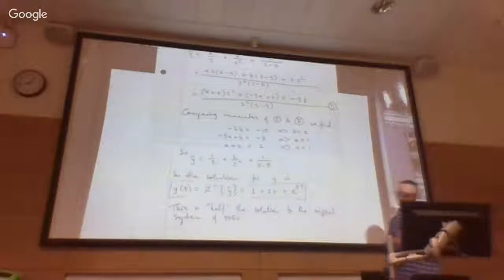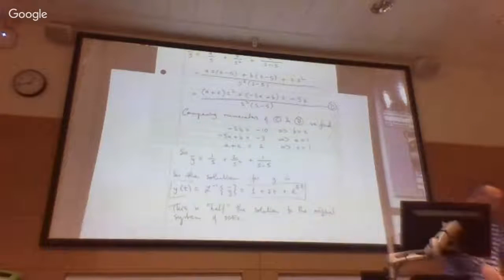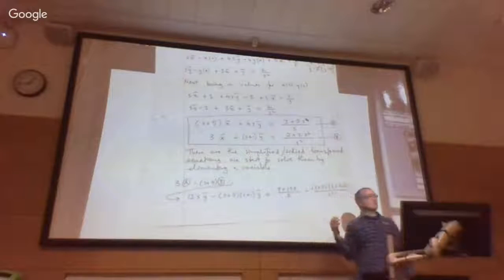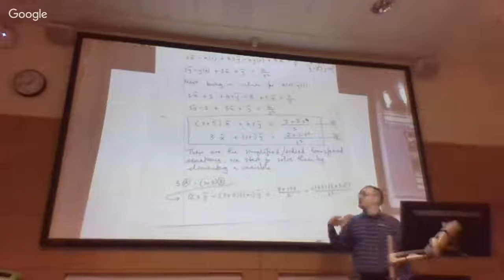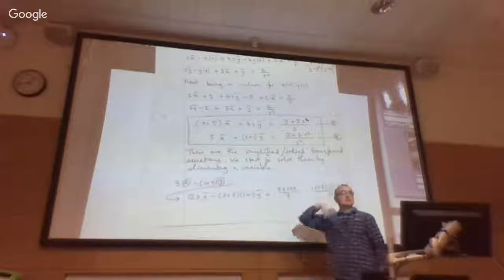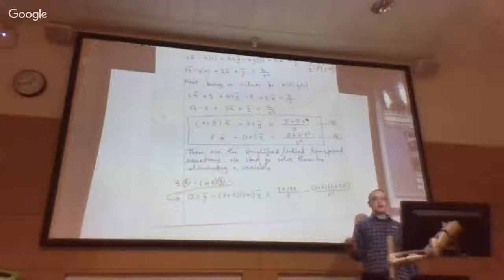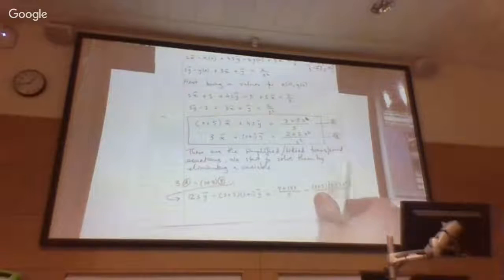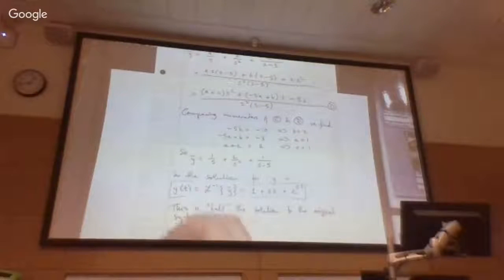There's a few different options here. In principle, what you kind of have to do is go back to your transformed equations, take the solution for y bar that you have, put it into those, you get an equation for x bar, solve for x bar, and inverse transform.